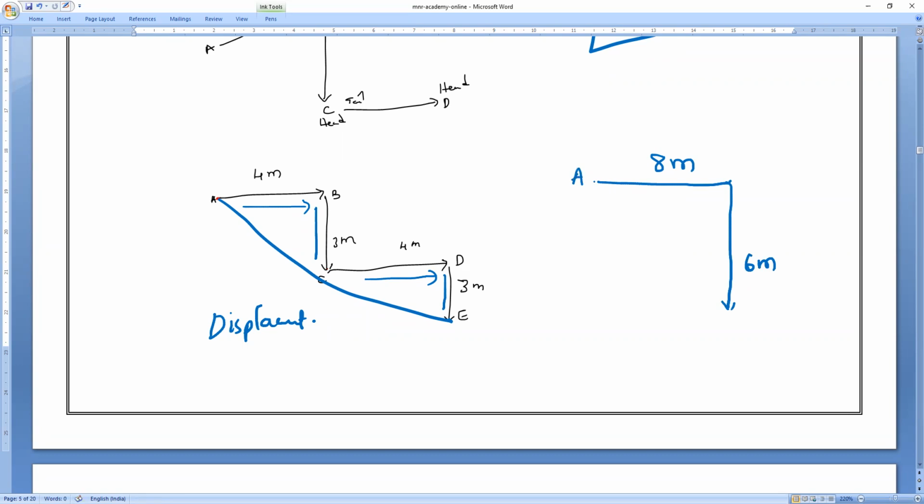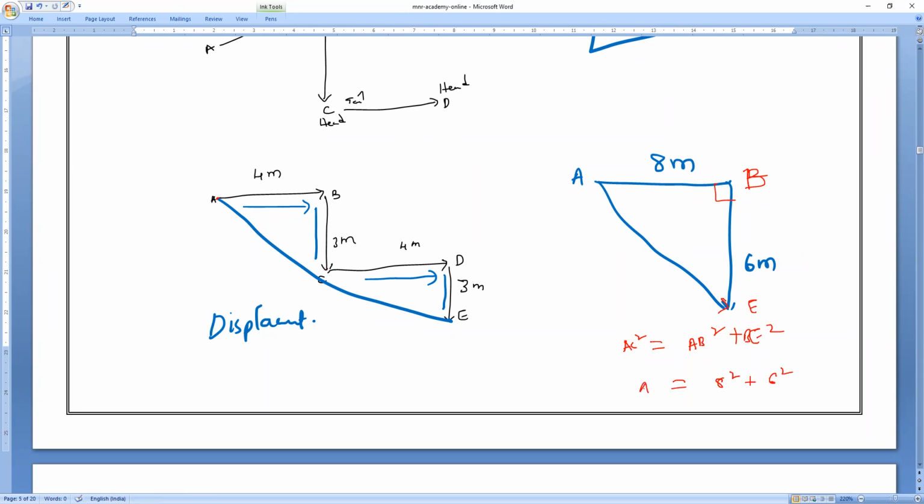And then this is A and this is C. If you want to find it, of course, we know that this is a right angle triangle. So how to find it? Displacement is equal to, all of you. Yes, please. So I will apply the Pythagoras theorem. AC square is equal to AB square plus BC square. Is it okay, guys? Everybody? So which is equal to 8 square plus 6 square.